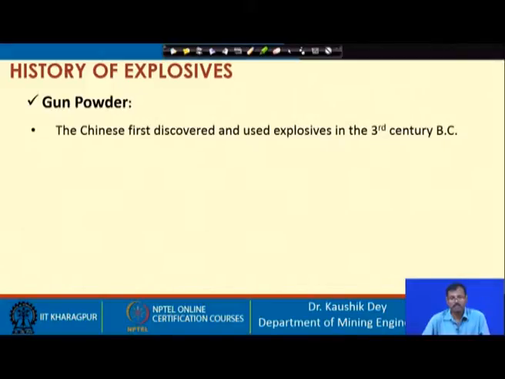These Chinese people usually worshipped the dragon, and fire coming from the dragon. For these purposes they discovered gunpowder and used it for worshipping dragons.